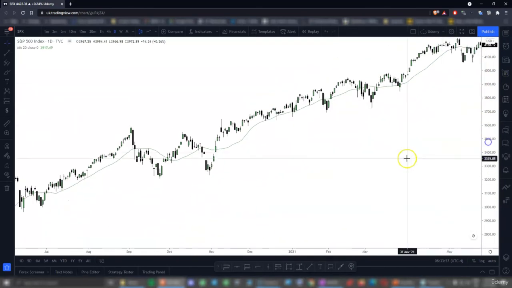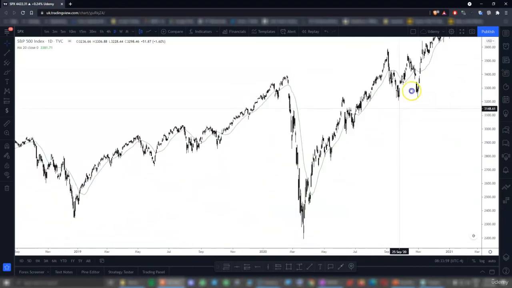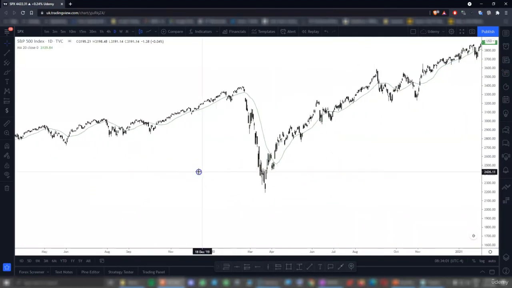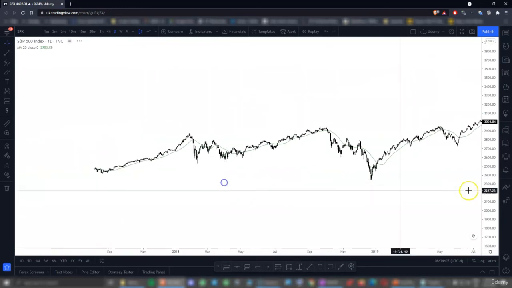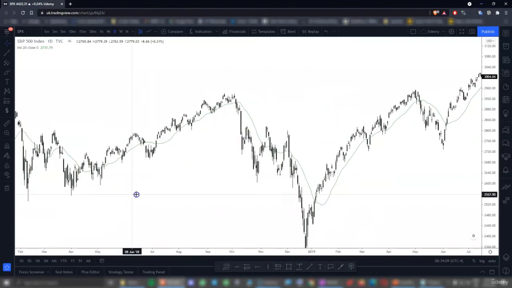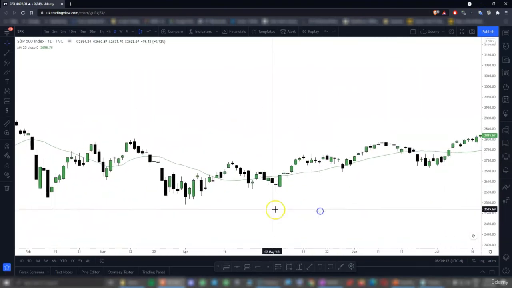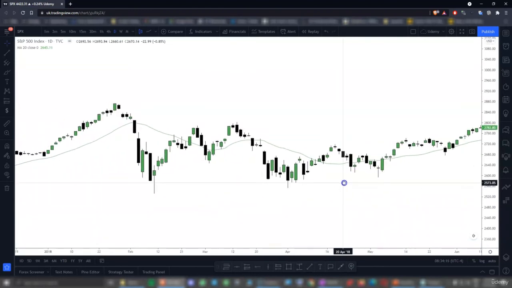So the first task that you have to do as a backtesting, I would like you to go back in the time since 2018. So from the beginning of 2018. And I want you to count how many times you have opportunities to enter the market.